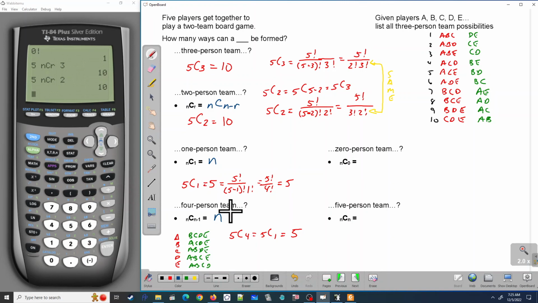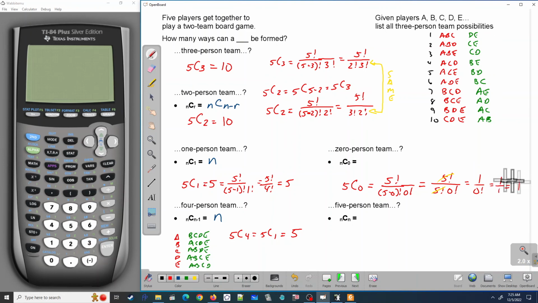And if I am going to have a 0-person team, meaning I'm going to have 5C0, now if I go 5 factorial over 5 minus 0 factorial divided by 0 factorial, then I will have 5 factorial over 5 factorial times 0 factorial. These will cancel out. That would mean it's 1 over 0 factorial, but I already know that's 1 over 1, which means it is 1.